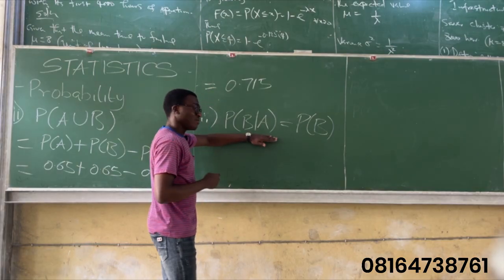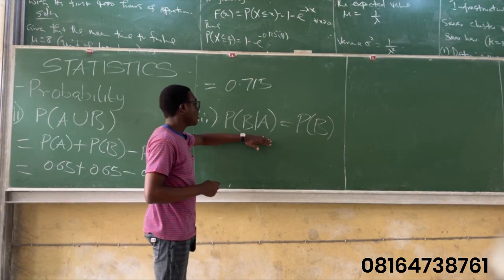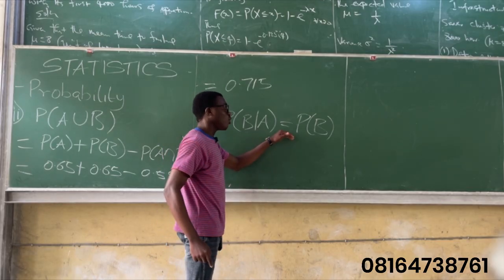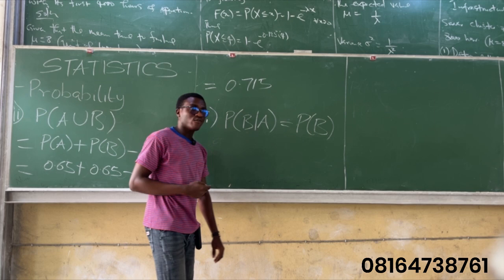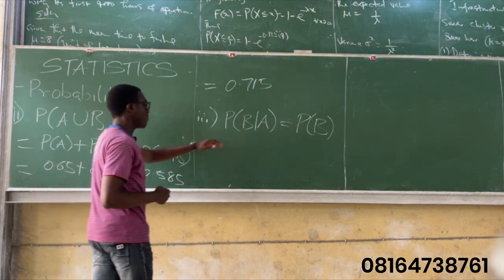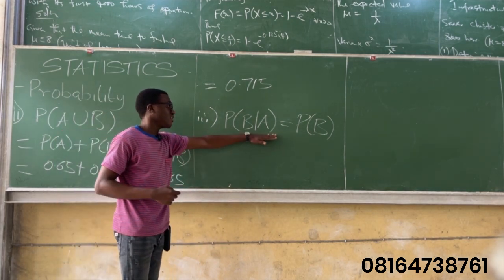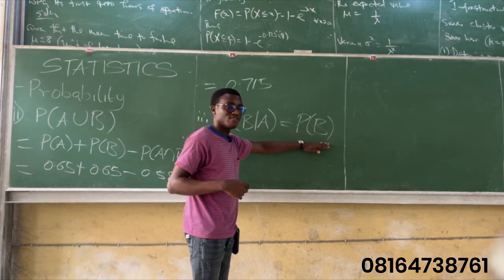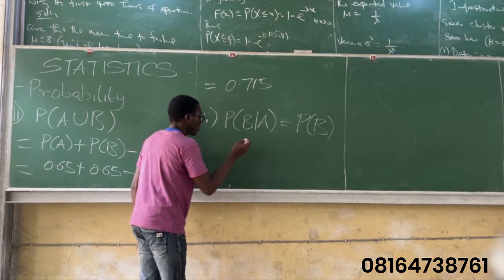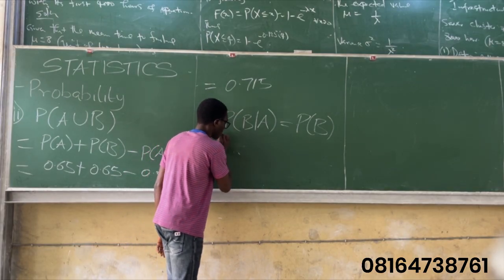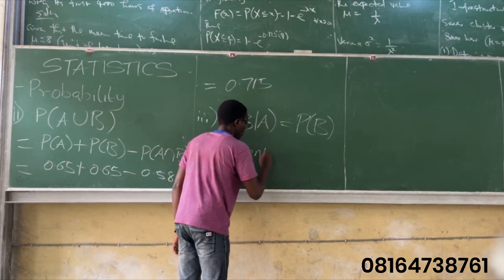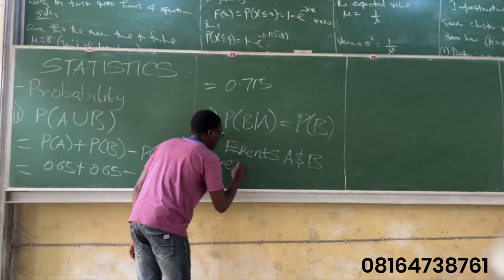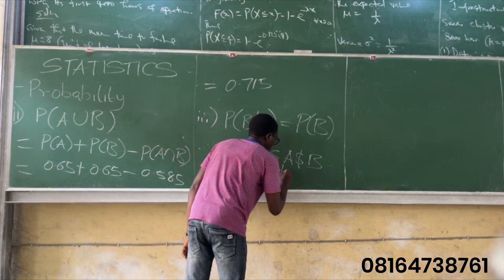Now, from our earlier question, we are given the probability of the second event occurring, given that the first event has occurred, and it is not equal to the probability of the first event occurring. Therefore, events A and B are not independent.